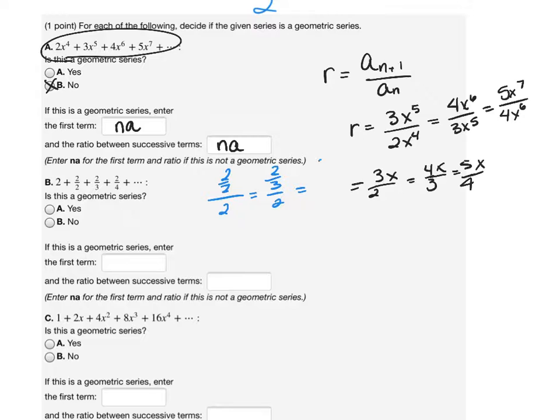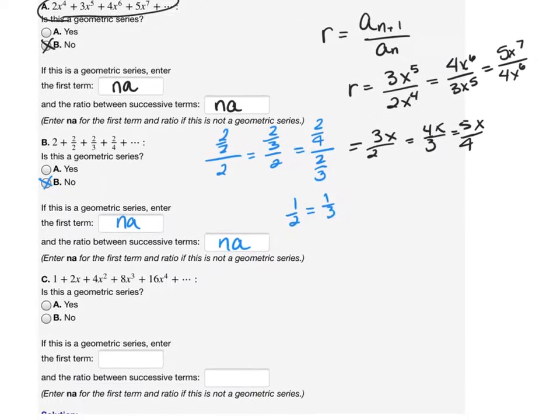Is that the same thing as 2 over 4 over 2 over 3? No, because I get 1/2 for the first one. The second one is going to be 1/3. And I can just stop right there. So the answer there is no. I put NA here and I put NA here.